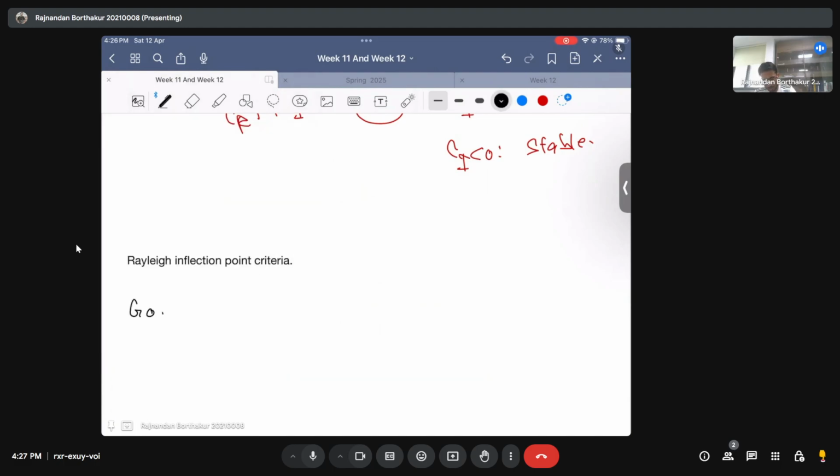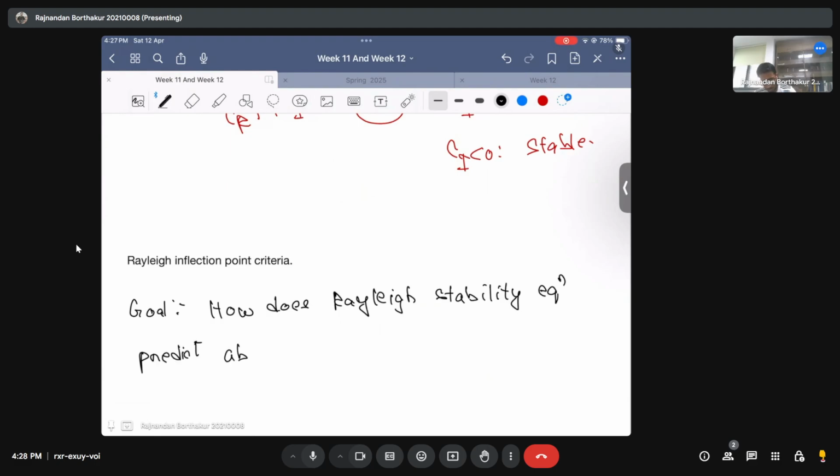So this will make you understand: what is the goal, or how does the Rayleigh stability equation predict the stability of a given base flow? Okay, so this is something that we want to answer.